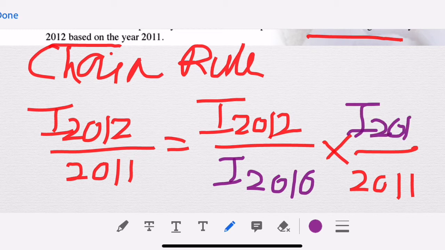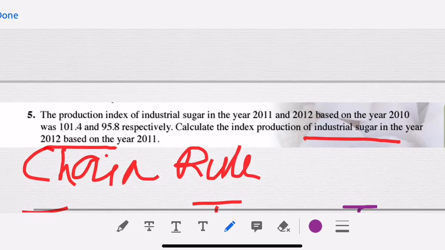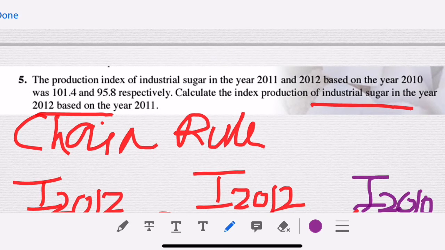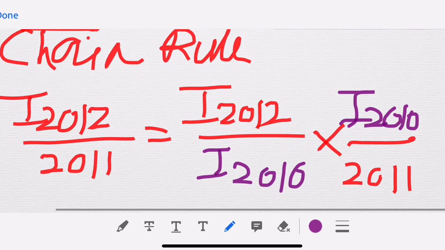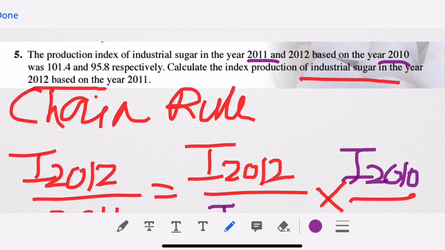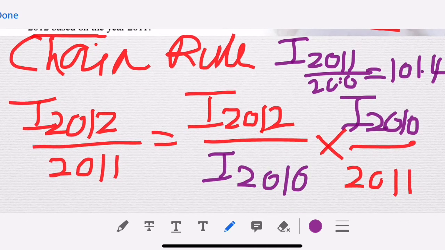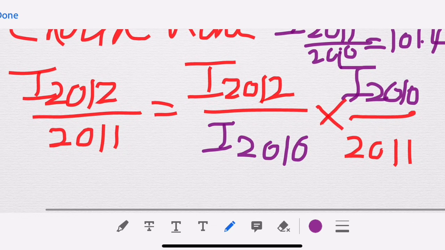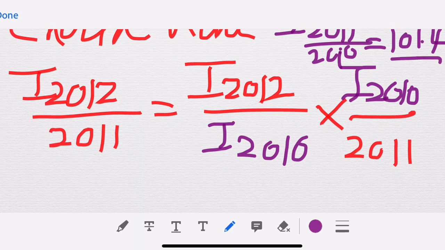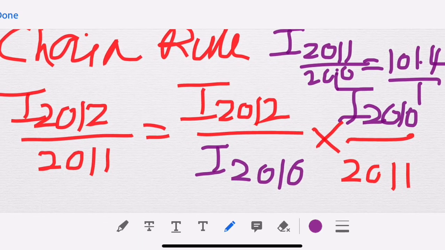We change up 2010. So then we go to the information there. So you are given 2011 based on 2010. It seems like 2011 based on 2010 is 101.4. But if you look here, we are having upside down, right? It's upside down. So it's 2010 based on 2011.